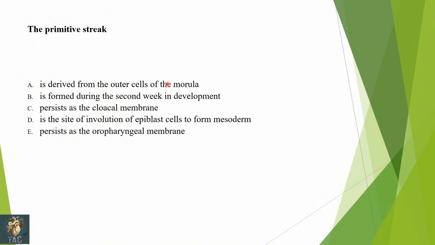So you all know that it is not derived from the outer cell mass of the morula, rather it is from the inner cell mass, that is the bilaminar germ disc, and the epiblast forms the primitive streak. Second, it is formed in the third week of development, and it does not form the cloacal or the oropharyngeal membrane. So the correct option is the site of the involution of the epiblastic cells to form the mesoblast.